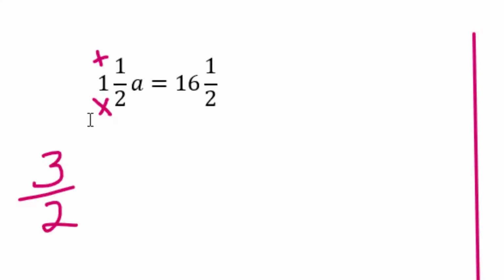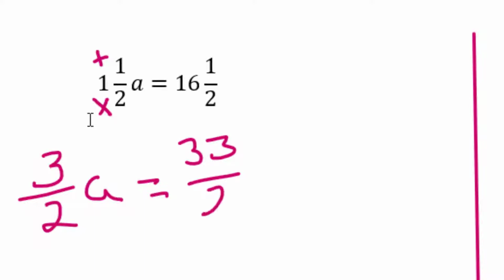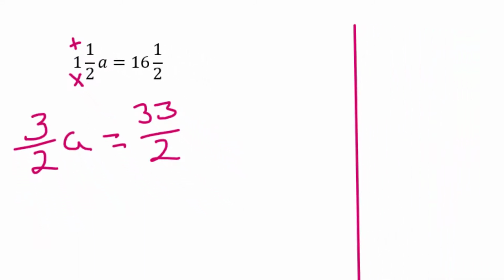All right, so I got that fraction there. I have to do the same thing here. 2 times 16 is 32, plus 1 is 33. So 33/2. All right, so here's the new equation I'm going to be working with. It's the same value, I just rewrote the fractions from mixed numbers to improper fractions.